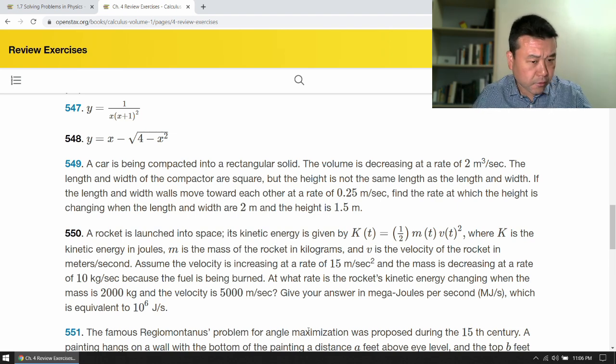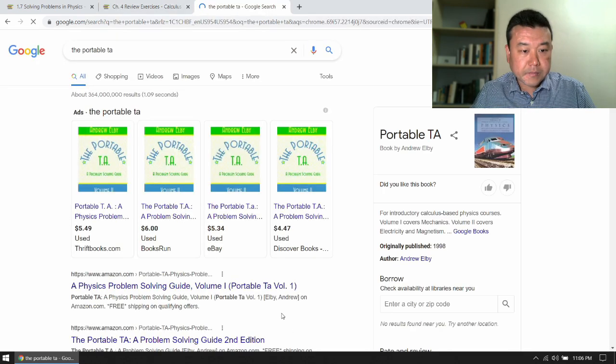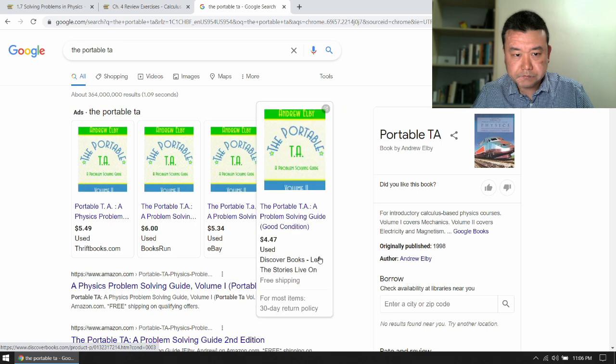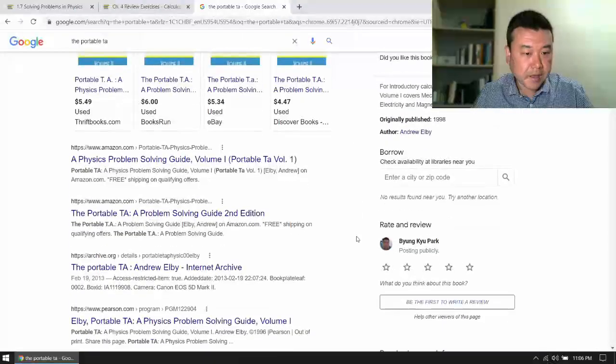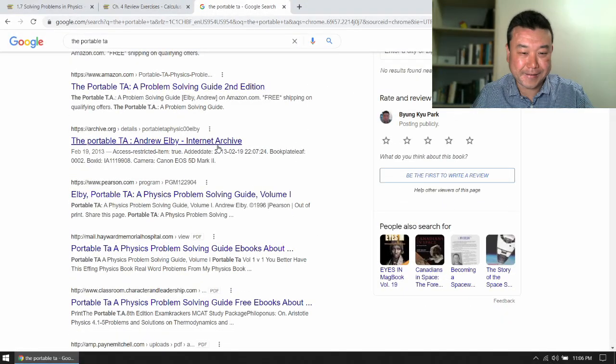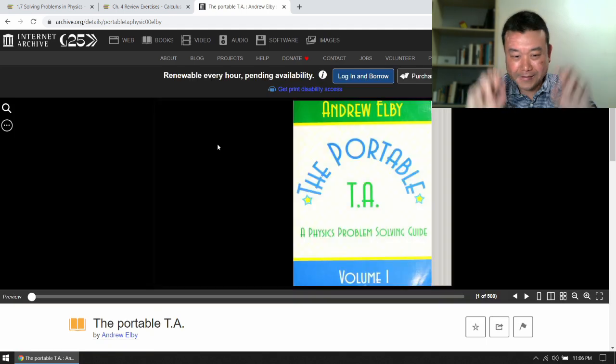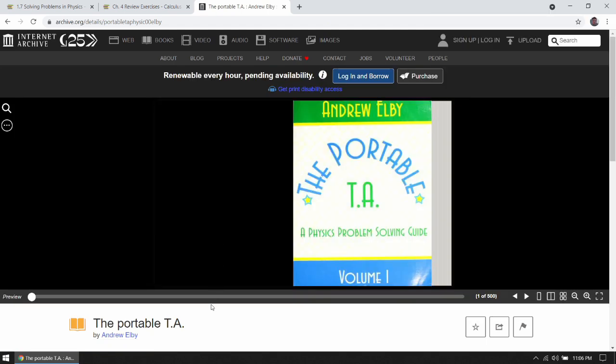So that's everything I want to say, except to maybe point out one resource. There's a book called The Portable TA. Let me look it up. It's out of print. I guess this is the library link that I'm using. We do have it available within the course with the author's permission, and you will see us referring to this book quite a bit.